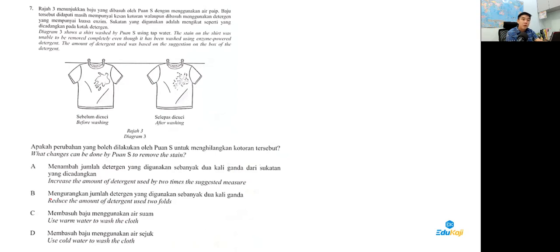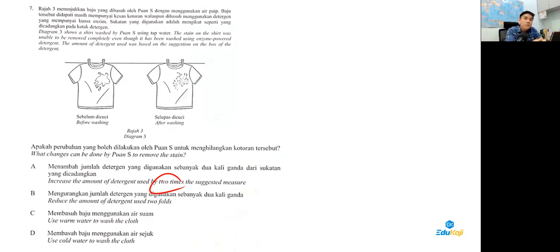Okay, so for number 7 here, increase the amount of detergent by 2 times. I do not know whether you have washed clothes before. Guys, I wash my own clothes now. I mean now, no choice. So how much detergent you put, if it doesn't come off, means it doesn't come off.